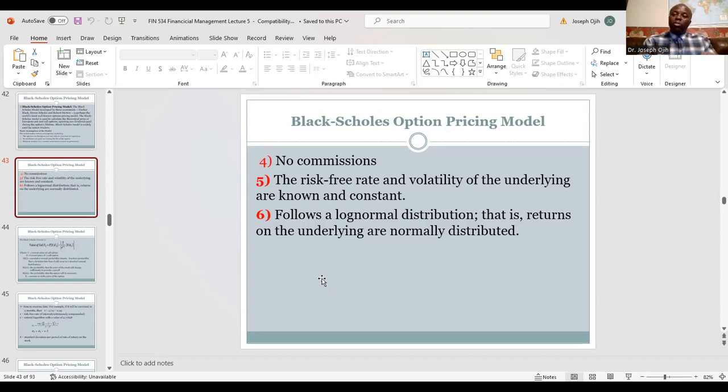An option can be based on a stock, on a currency, or even on a commodity like oil. Those are the things from which options derive their value, and we call them the underlying assets.